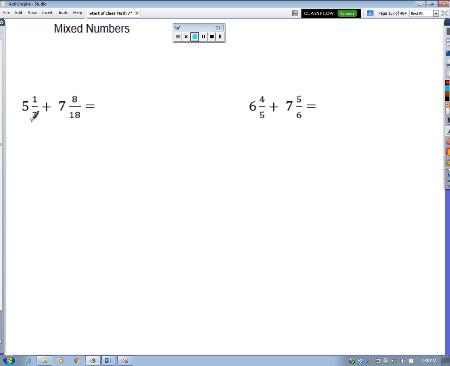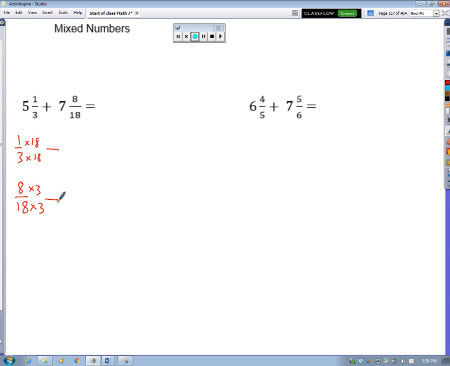Alright, you could do this step where you're going to line them up vertically like I do. Okay, and you could multiply 1/3 by this number, 18, and then you could multiply this fraction by this denominator, 3. We could do that, but there's actually a shorter way.